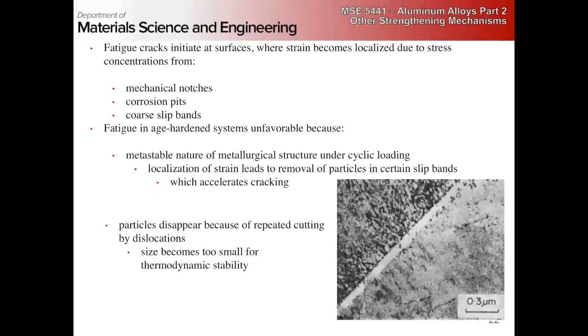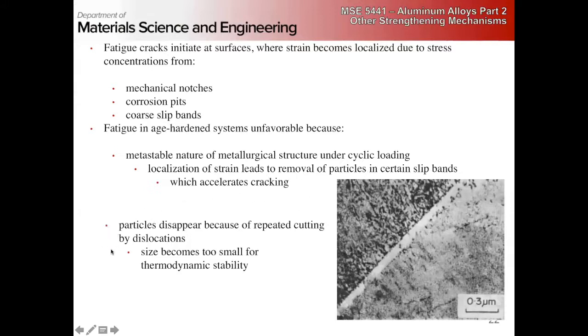We have to worry about how that structure evolves during cyclic loading. And if we have localization of strain, we've already said this leads to removal of particles and slip bands, which is going to accelerate cracking. We'll have softening in that region because the particles disappear. We'll have more strain being localized to the slip bands, which is going to really accelerate our failure. Right?